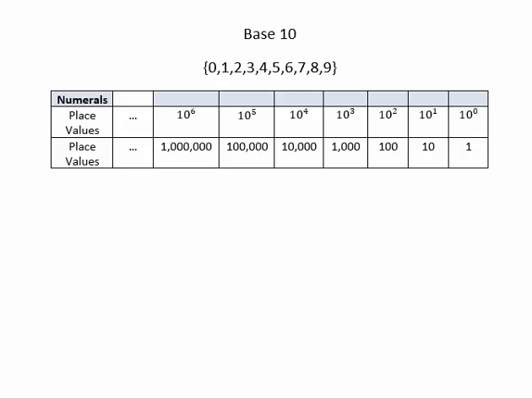Our base 10 system uses 0 through 9 as the digits. And it's base 10 because as you move from right to left, each subsequent place value is 10 times larger than the previous one. 1,000 is 10 times larger than 100.